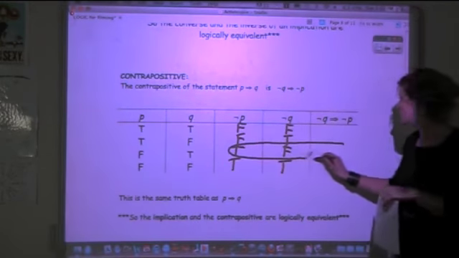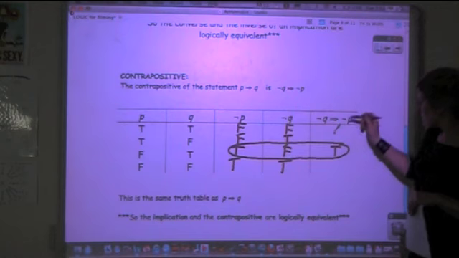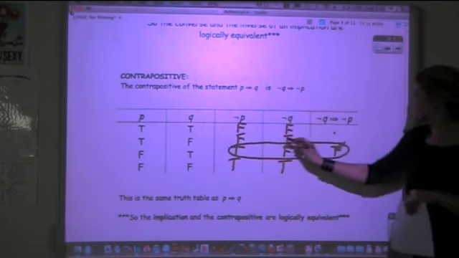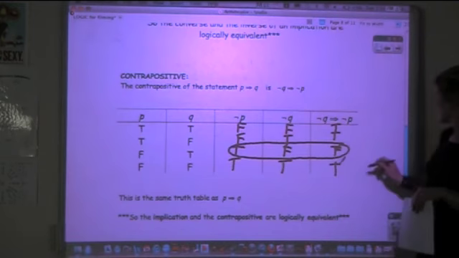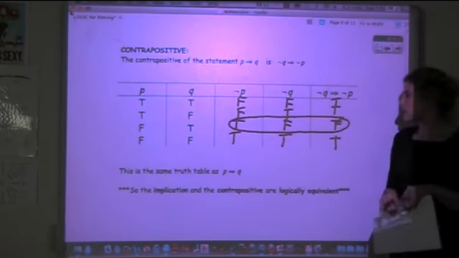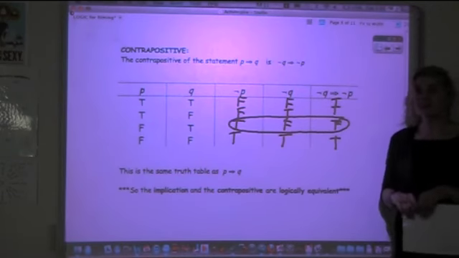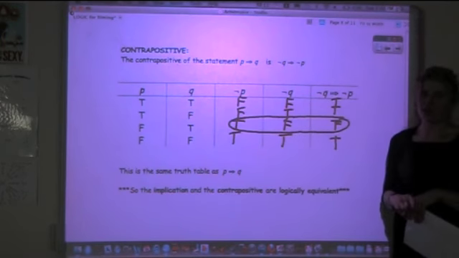It's just this one. And everything else is false, true, true, friends forever. Everything else is true. And that is the same as the truth table for P implies Q. So the implication and the contrapositive are logically equivalent.